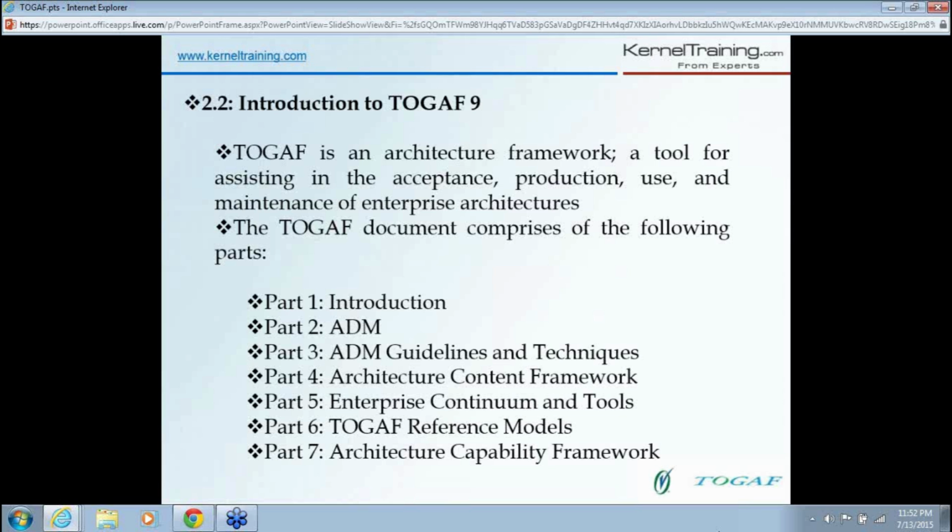So what is your current state of your systems or your enterprise architecture practice? And then you need to decide upon what your target should look like. And then based on your baseline and the target, you need to perform a gap analysis to find out what is missing between your baseline and the target.